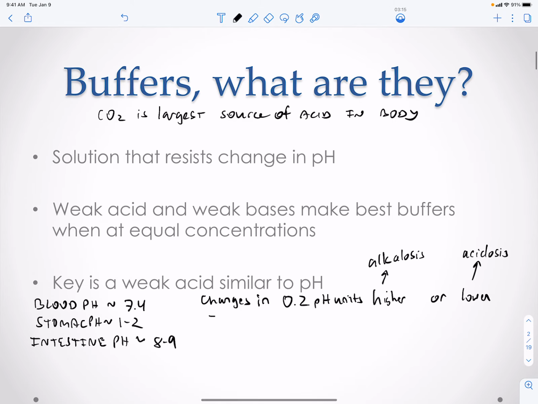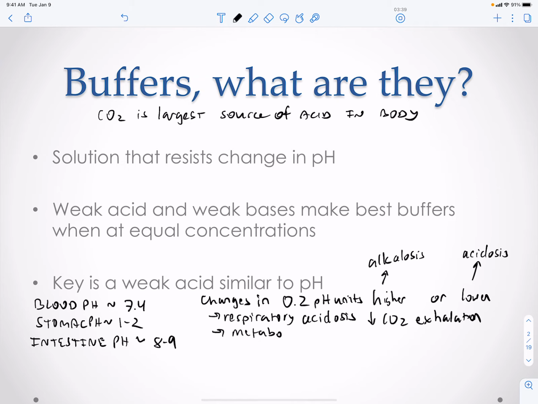So just some terms: respiratory acidosis is caused by a decrease of CO2 exhalation. Metabolic acidosis is going to be a decrease in the bicarb ion.